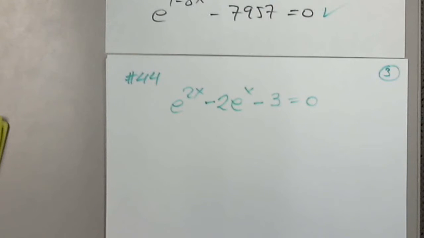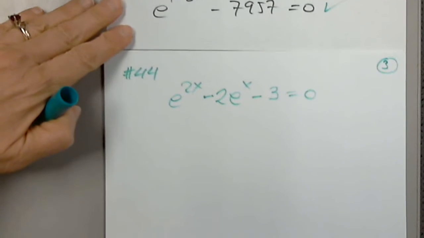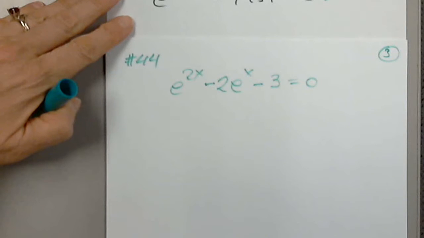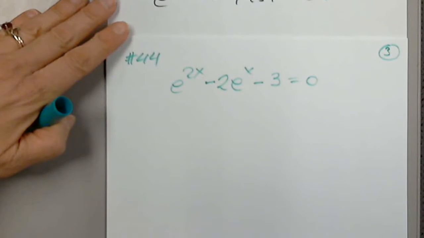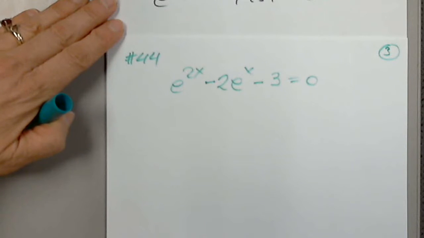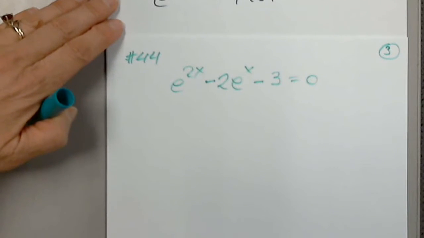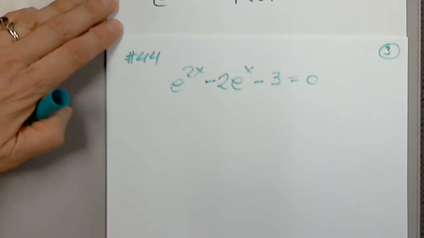Can you factor? Yes, absolutely, that's my target. Now, if I can factor without using a substitution, that's fine. If I cannot factor without using a substitution, then I should use a substitution.